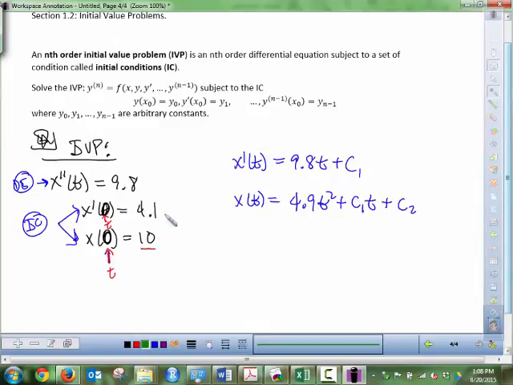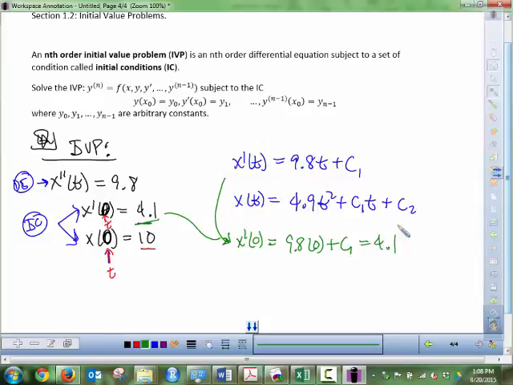So x prime of 0, I'm sorry, you put 0 in for t. We get 9.8 times 0 plus c1, and this is supposed to equal 4.1. Right? Did I do that right? So c1 equals 4.1.